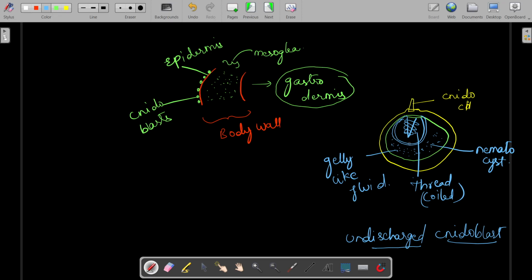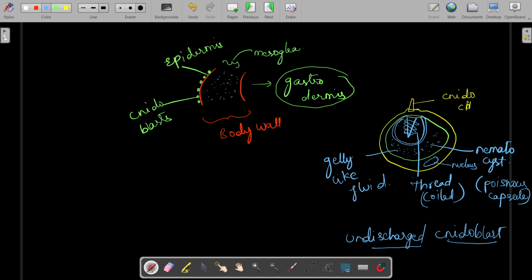This nematocyst is a poisonous capsule, and the poison is injected into the enemy's body. You have a nucleus here.